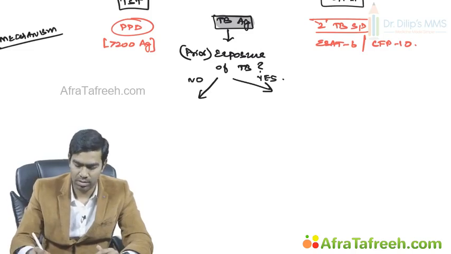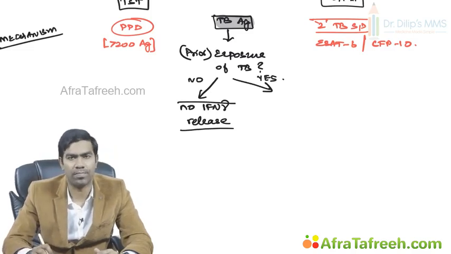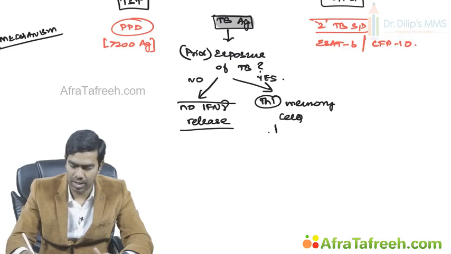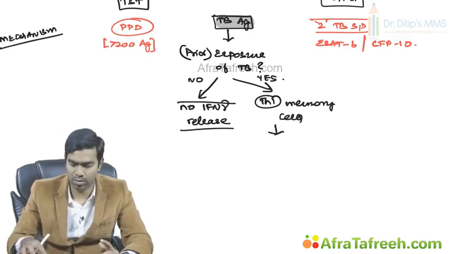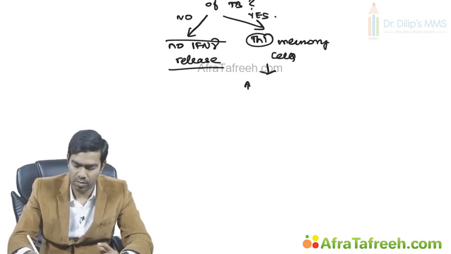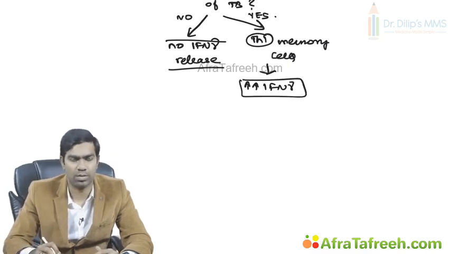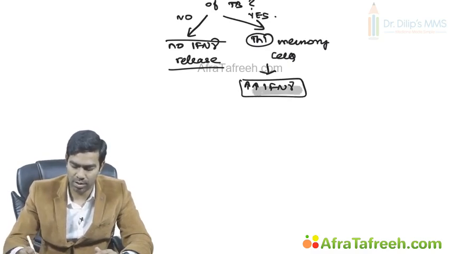If no, there will be no interferon gamma release because there will be no activation of the T helper 1 pathway. If they are already exposed to this TB bacteria in the past, there will be Th1 memory cells. We know these are memory T cells, and they will recognize this antigen as soon as possible, and they are going to produce excess amounts of interferon gamma compared to the non-exposed individuals. So this excessive amount of interferon gamma is the key.